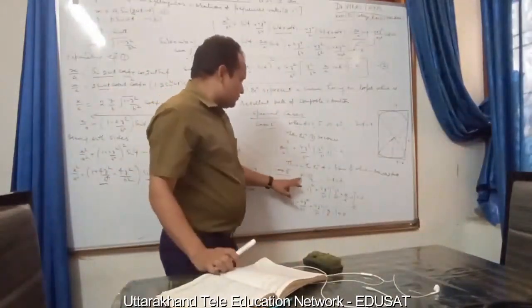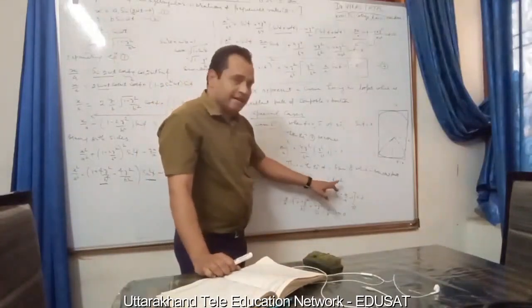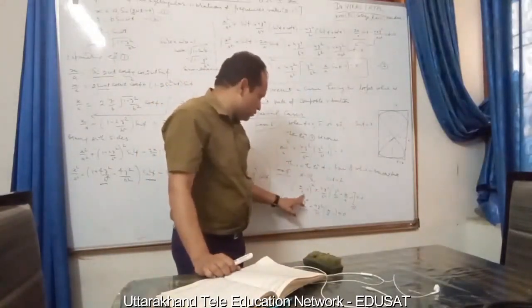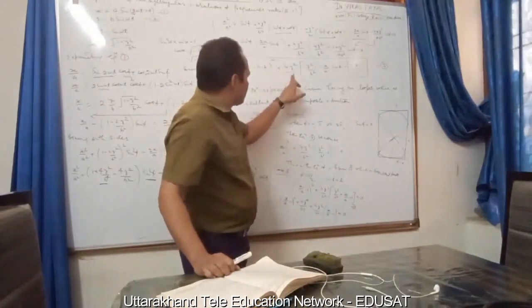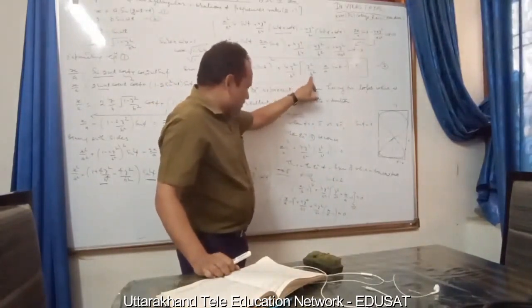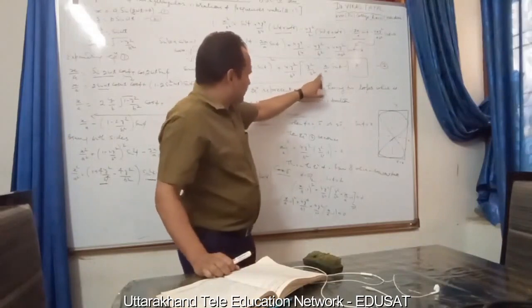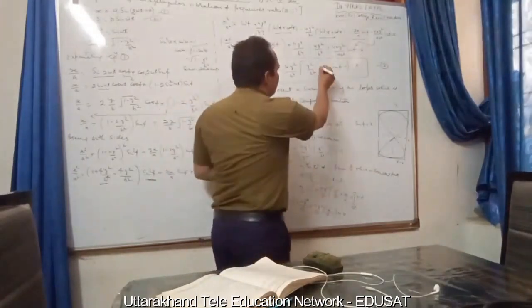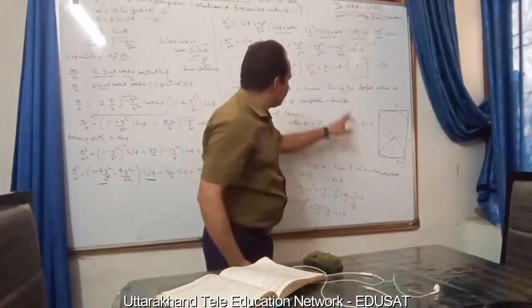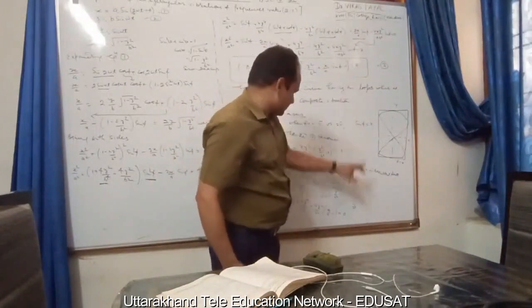Second case, phi is equal to pi by 2, sine phi is equal to 1. Then x upon a minus 1 whole square plus 4y square upon b square times y square upon b square, and x upon a sine phi is 1 and it will become minus 0.